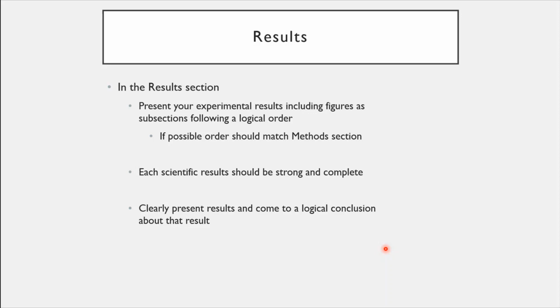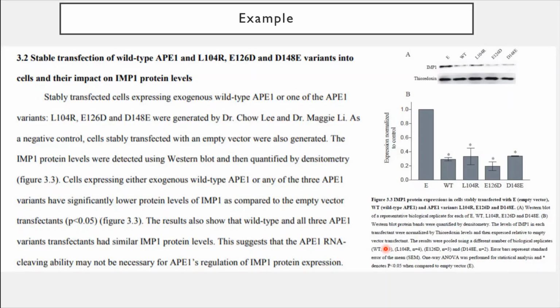You're just going to have somewhat of an objective stand, plainly and clearly presenting the results as they are without providing discussion. This is the separation between this section and the next section. So in the results, you plainly and clearly present the results only and come to a logical conclusion without much discussion or explanation. Here's an example of the results section of my own master's thesis.